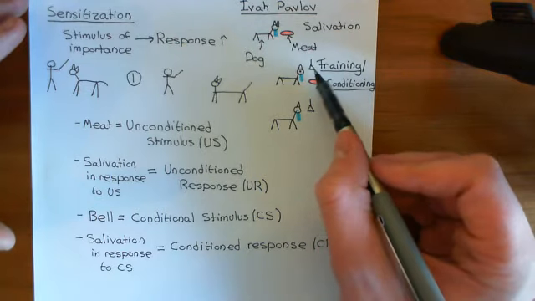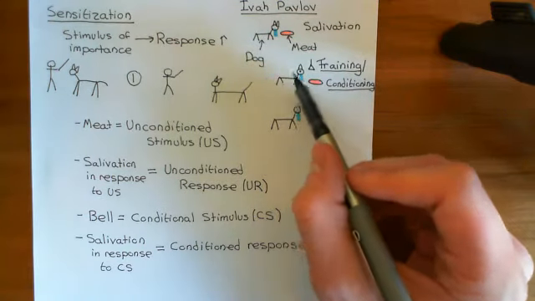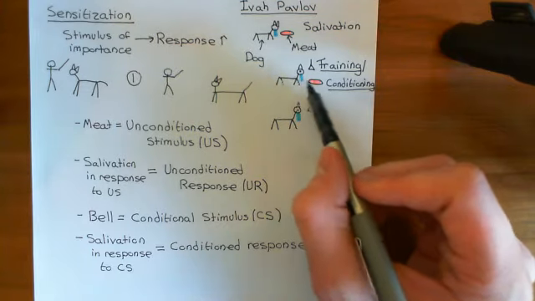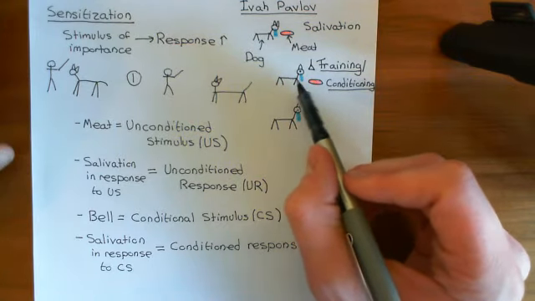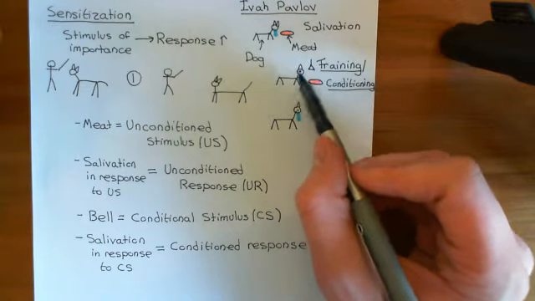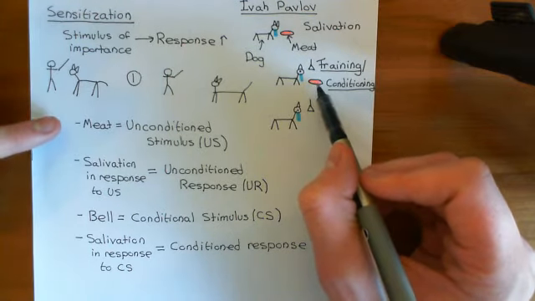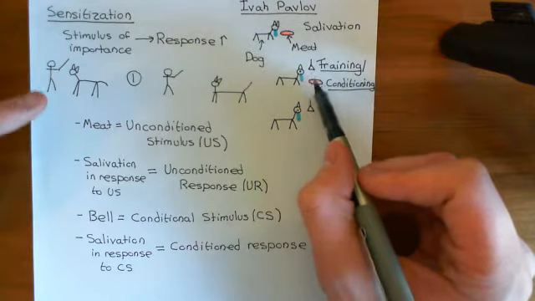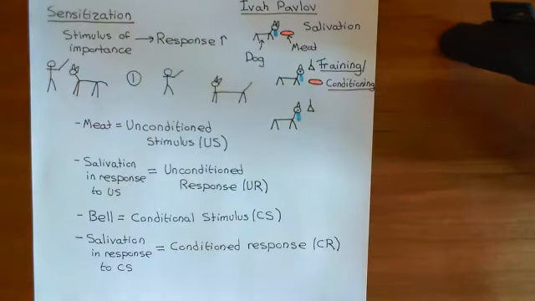You can't do it half an hour before. The dog will not learn classical or Pavlovian conditioning if the conditional stimulus is presented too far in advance of the unconditioned stimulus. They need to be paired reasonably close together to actually get classical or Pavlovian conditioning.